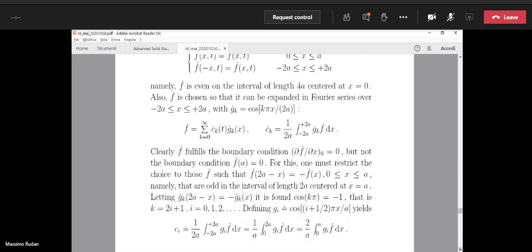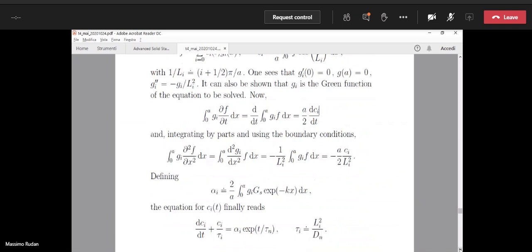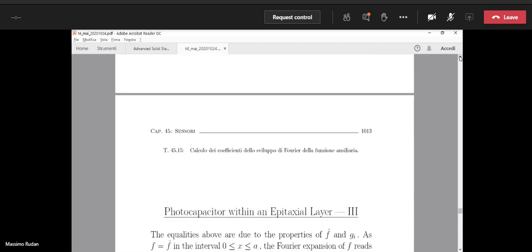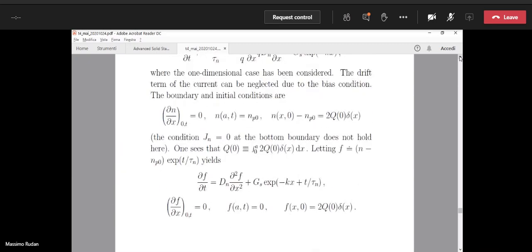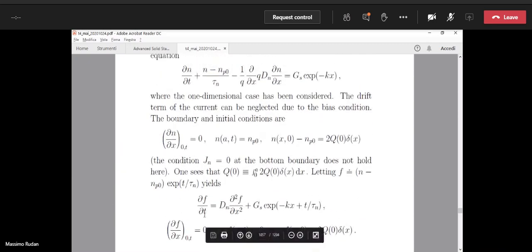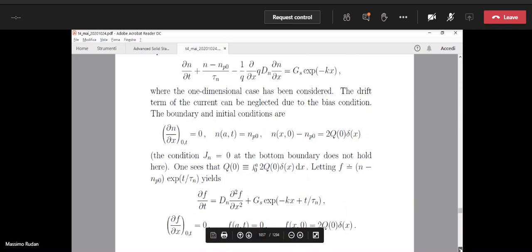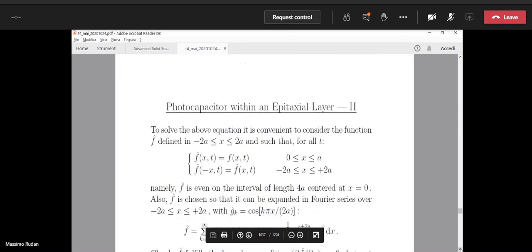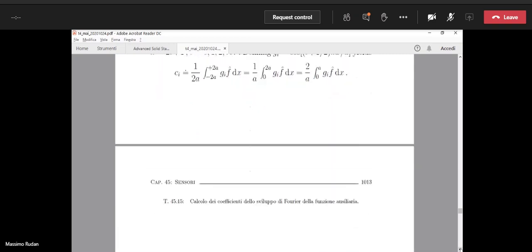So we have the integral of df over dt that comes from the left-hand side here. And then we have the second derivative with respect to x on the right-hand side that we have to calculate now.